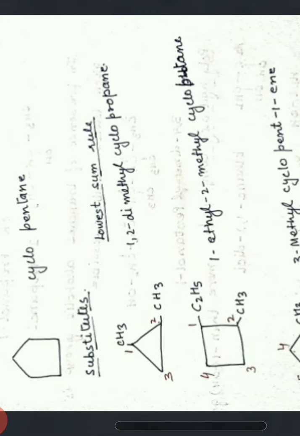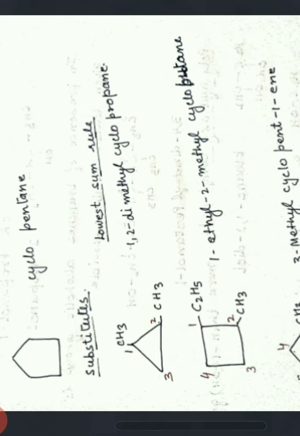Now, if we have to name a compound which has some substituents on the cyclic ring, for example, as you see, a triangle with two methyl groups added at two apexes. The first problem is that since it's a closed ring, from where do we start the numbering of carbon atoms?